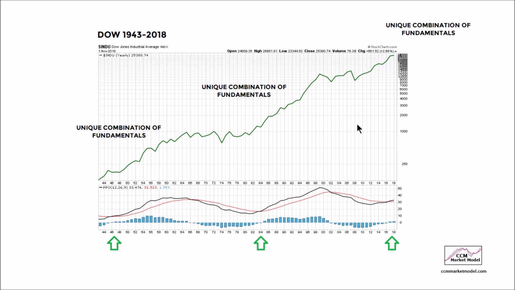There are no two periods in human history or stock market history that are identical from an interest rate, inflation, valuation, earnings, multiple perspective. It's different here, it's different here, it's different here. What's the same is we're getting a shift where the net aggregate opinion is negative and long-term it shifts to positive.